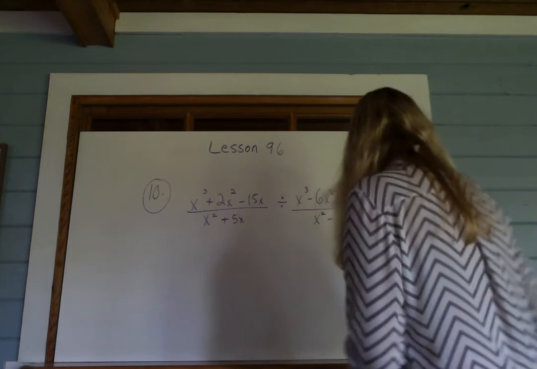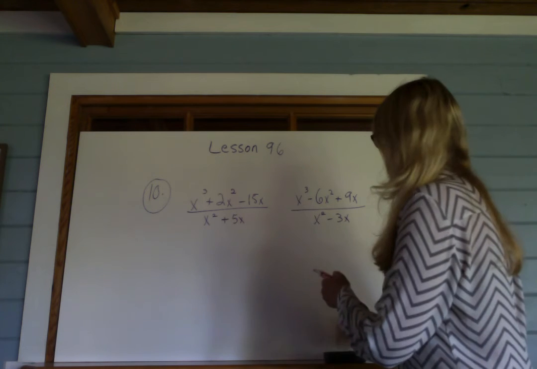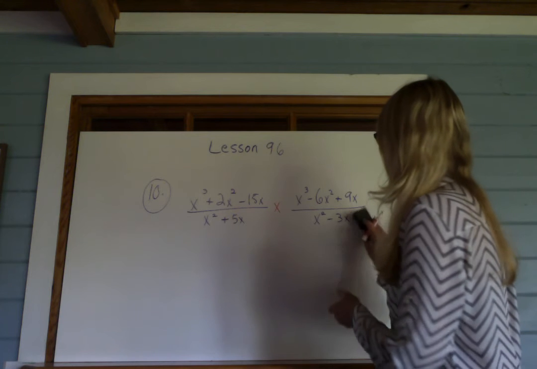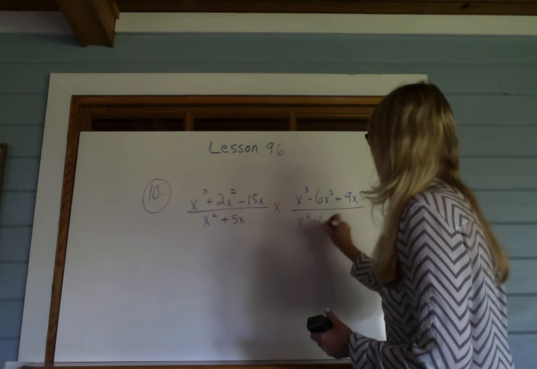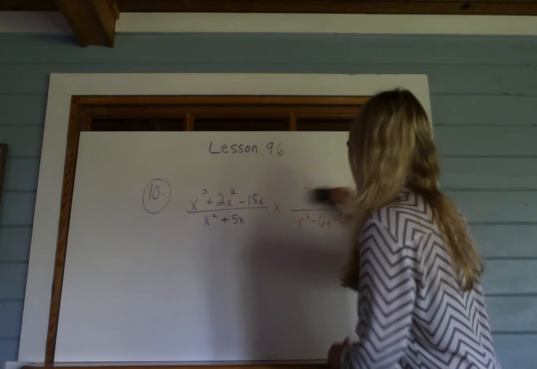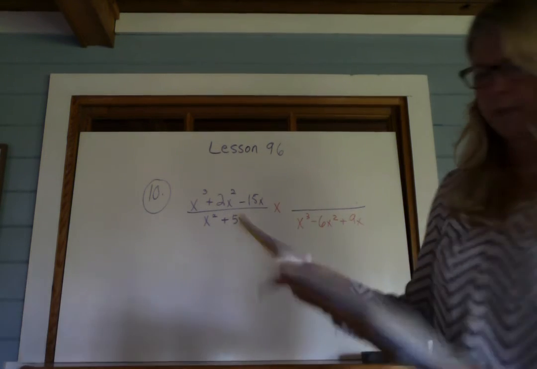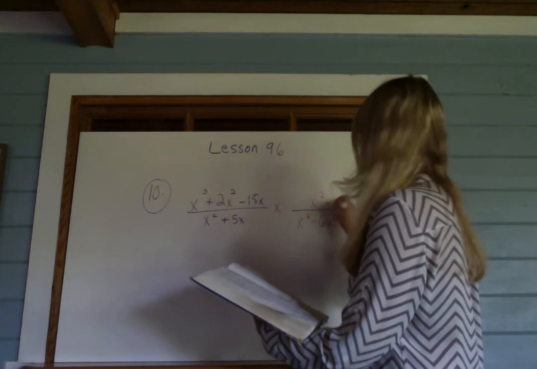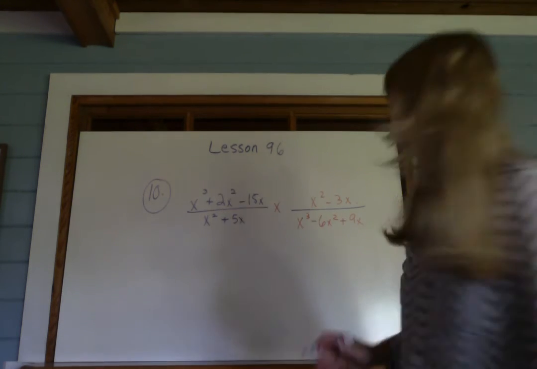So I'm going to go ahead and just change that right now. So I'm going to make that a times, and I'm going to put that on the bottom. And I will go ahead and put, I lost my spot here, number 10, I'll put this on the top. So that's how you would write that on the paper when you saw that division one. Go ahead and skip, flip, multiply.